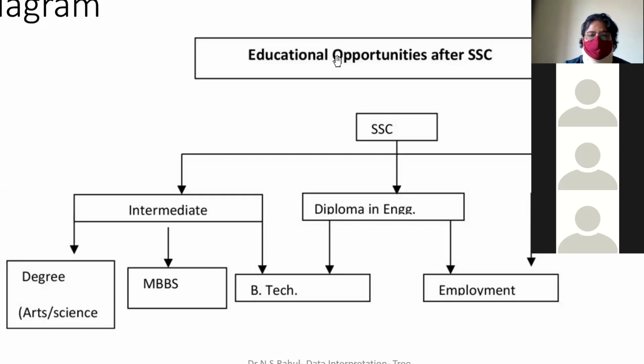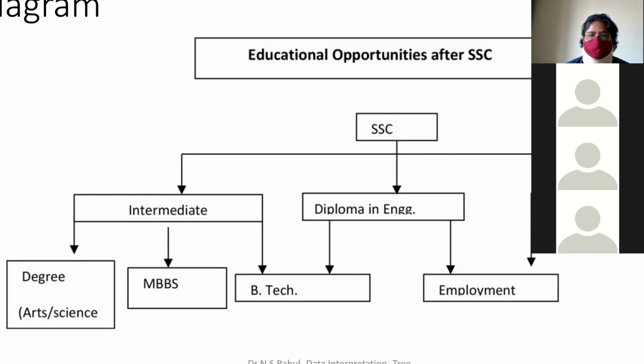Sir, I'm Swati, sir. Swati, please read your passage. The flowchart describes the educational opportunities after SSC. First, we have to study till SSC. Then we have to join intermediate. After completing intermediate, we have to join degree.